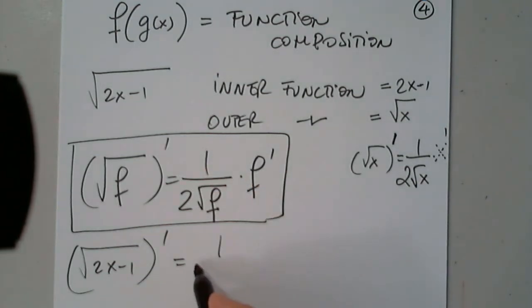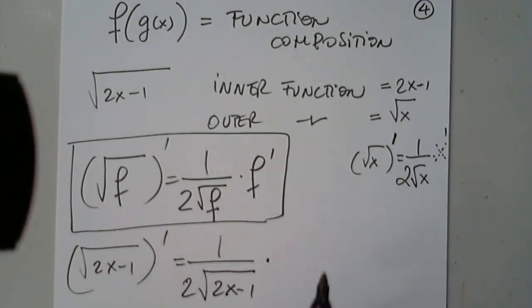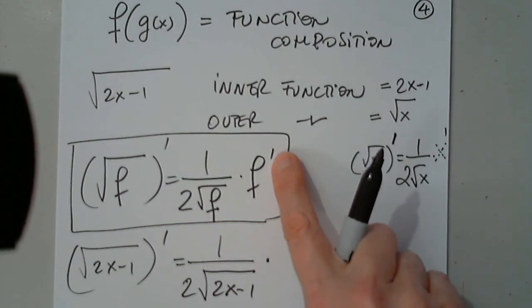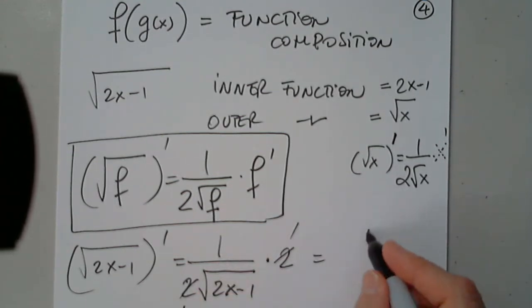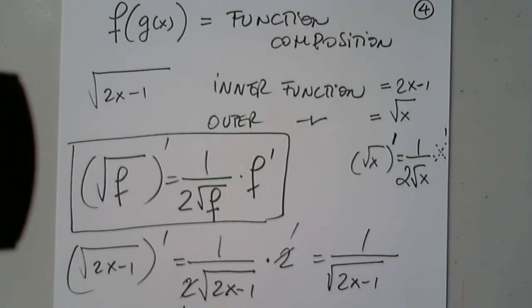Is it 1 over 2 times the root of 2x minus 1, times the inner function prime, which is the slope of 2x minus 1? It's a linear function, so the slope is 2. Exactly. Simplify, and we get 1 over the square root of 2x minus 1.